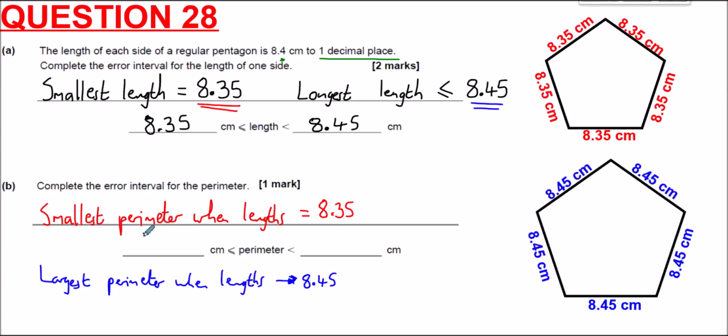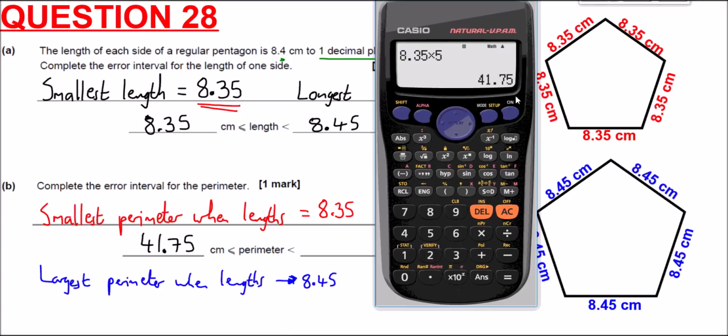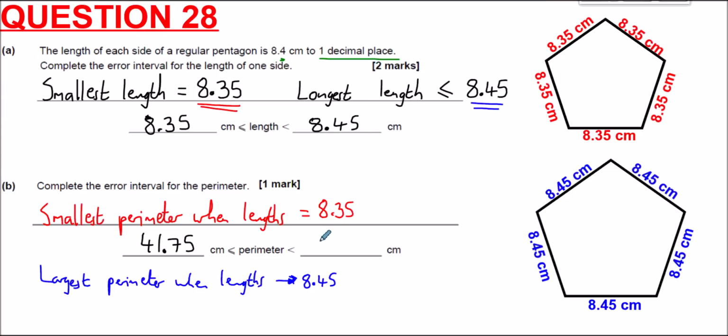So the smallest perimeter is 41.75, whereas the absolute maximum perimeter would be when the lengths are at the absolute maximum, so up to 8.45 multiplied by 5, which is 42.25.